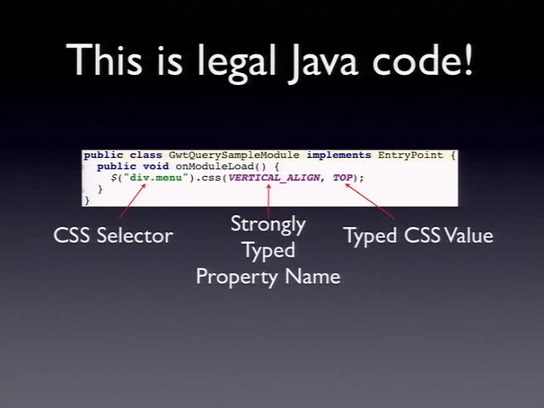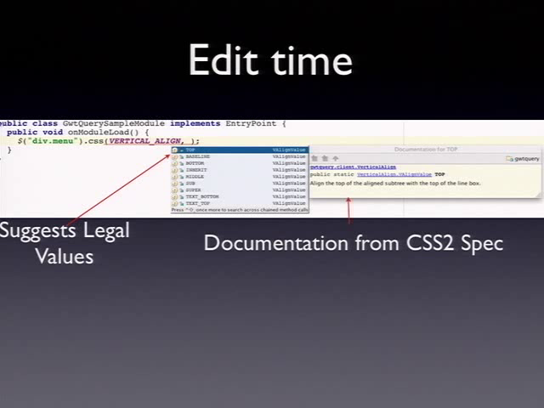And the interesting thing about this is that the IDE will make it impossible for you to type a combination of CSS property name and value that is invalid according to the CSS spec. It will do it at edit time, and it will also check it at compile time. But more than that, it can also show you a pop-up of what the legal values are, and even Javadoc taken from the CSS2 spec or from the Quirks mode database.